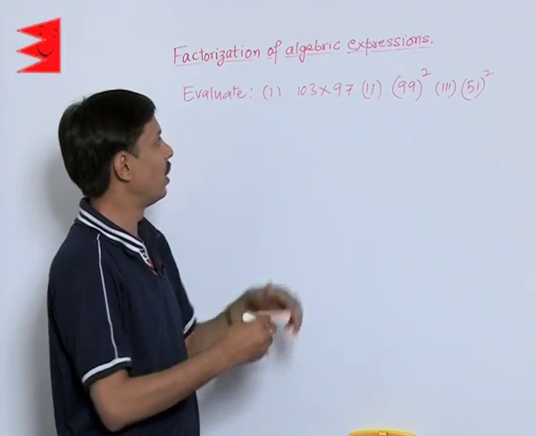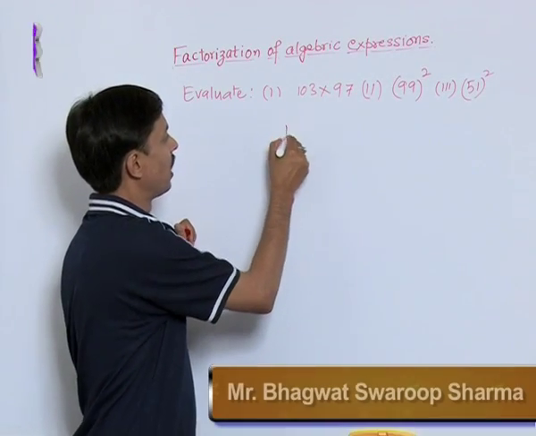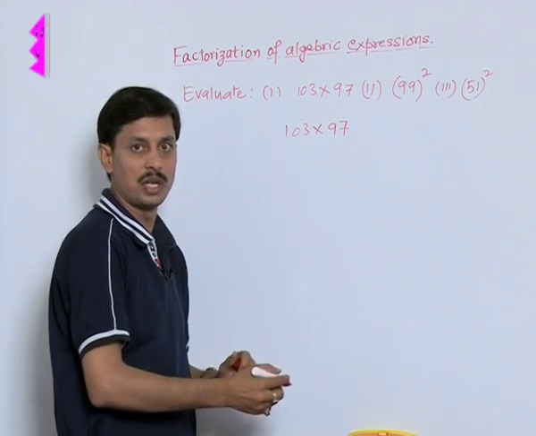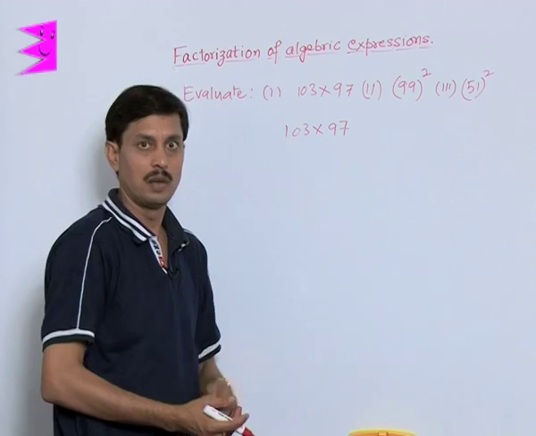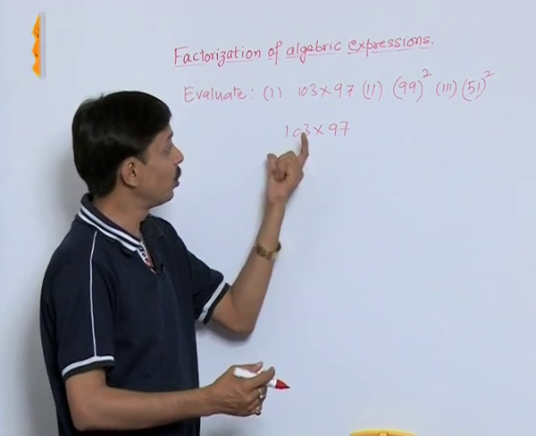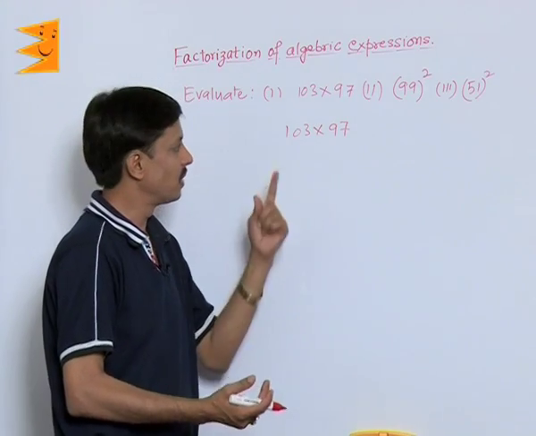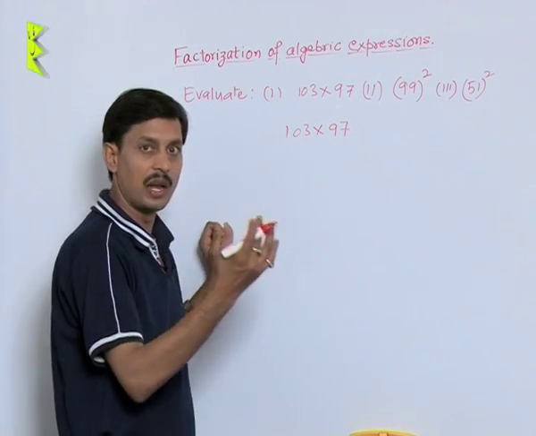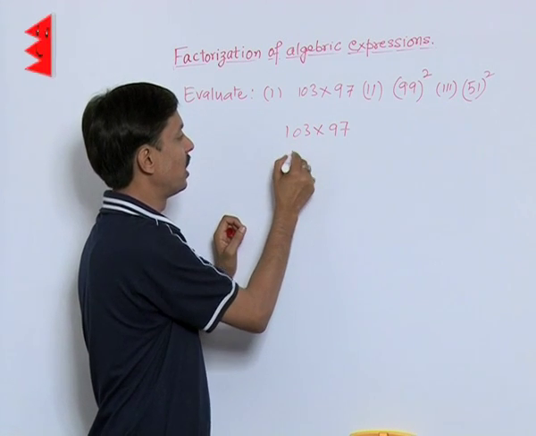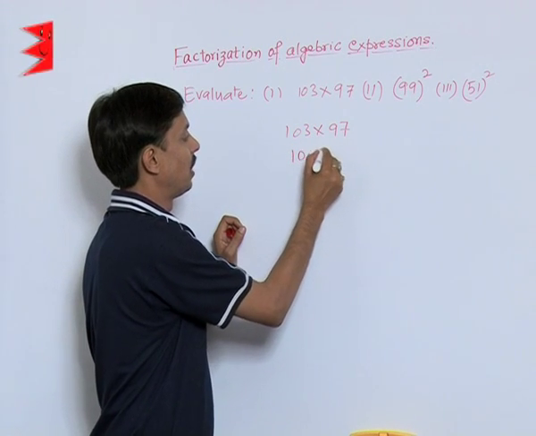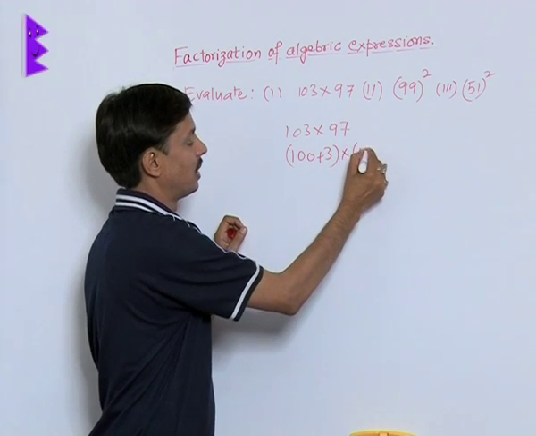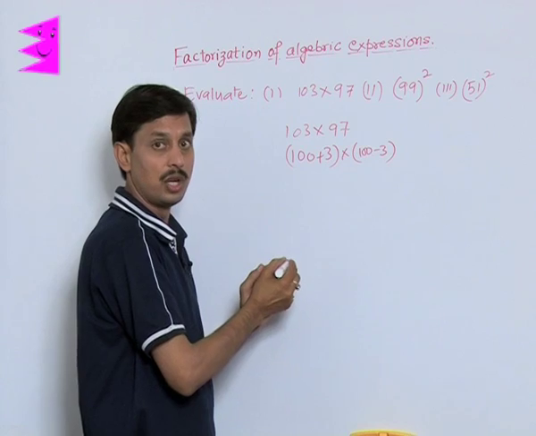First, how to evaluate the value of 103 multiplied by 97. It is a very simple question. One can multiply it directly. But if I ask you to use the algebraic identities, then you will think of some pairing: 103 can be written as 100 plus 3, and 97 can be written as 100 minus 3.